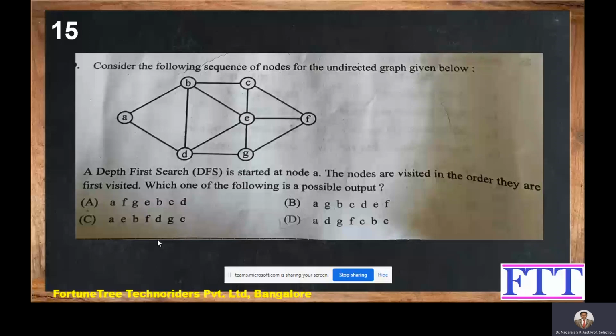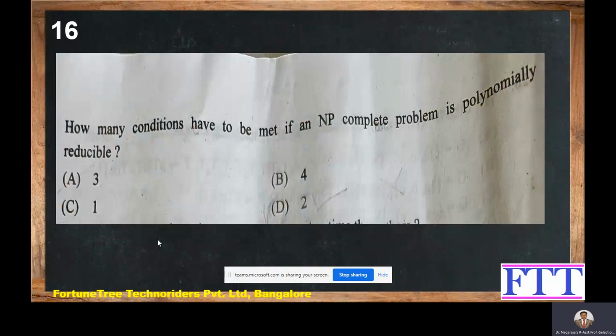Here option A, option B, option C and D are given. Here A to D, D to G, G to F, F to C, C to B, B to E. Nothing but option D is the right answer for this particular question. Option D is the right answer. So we'll move to the 16th question.